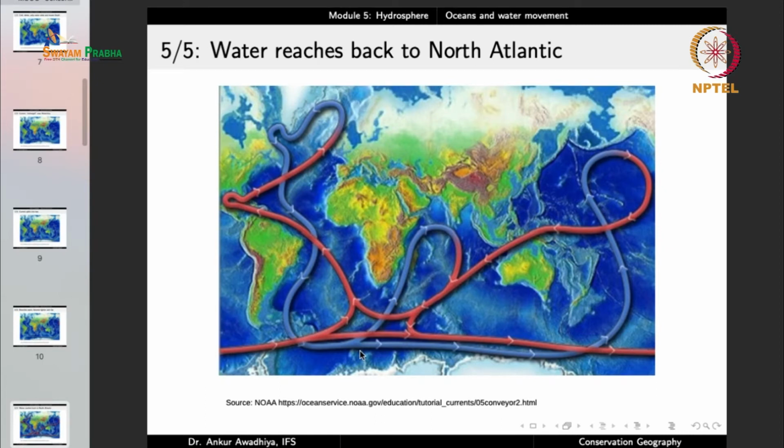Now what is this current actually doing? As you can observe, in the colder areas, this current is carrying cold, salty, dense water towards the equatorial regions. So it is taking cold water from cold areas and moving it towards the equator. And near the tropics, it is getting warmed.